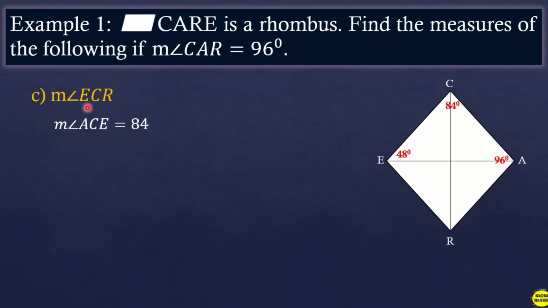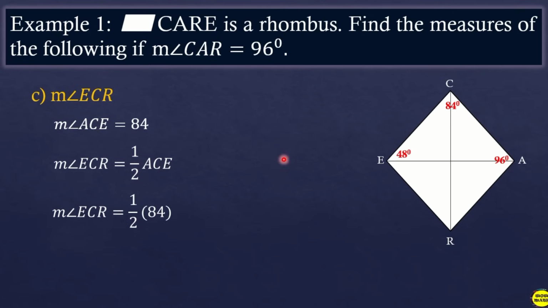Ang hinahanap ngayon is ECR. So, angle ECR is half. Kalahati ng angle ACE. So, therefore, kukunin natin yung half ng angle ACE mo. And that is 1/2 of 84 is 42. So, the measure of angle ECR is 42 because 42 is half of 84.